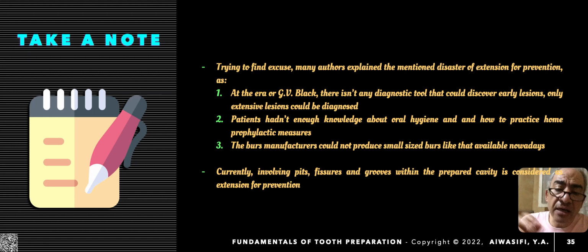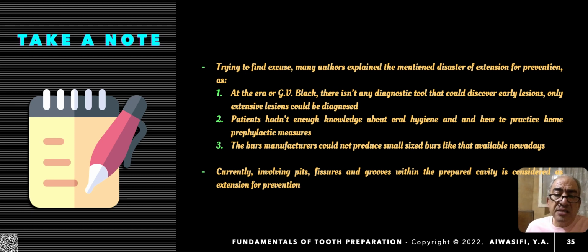That's why, in a trial to explain what the excuse of Black was, he was already the one who stated maximum conservation, maximum resistance and maximum retention, and this extension for prevention is against his own rules. In a trial to understand, we find 3 excuses. This was assigned and stated 130 years ago.